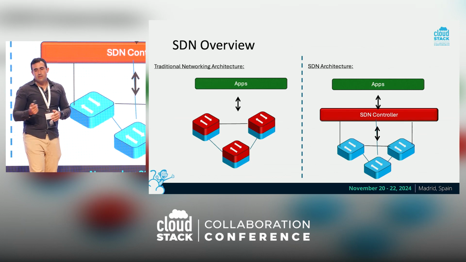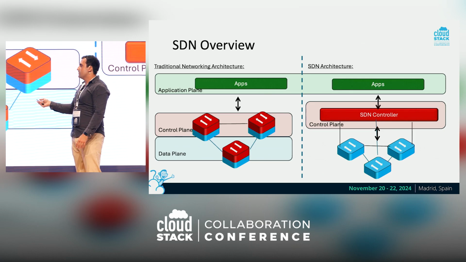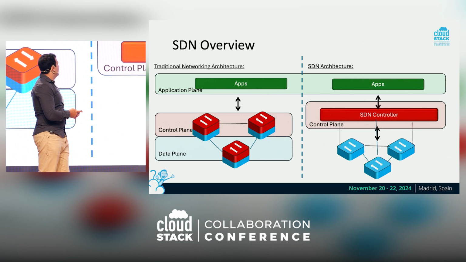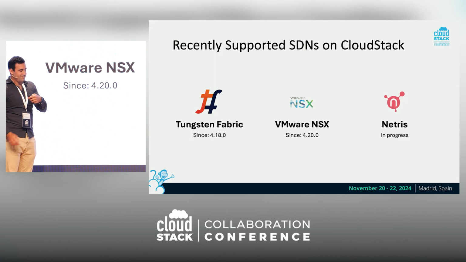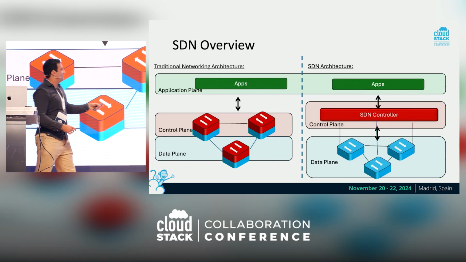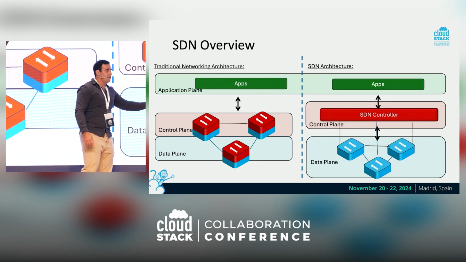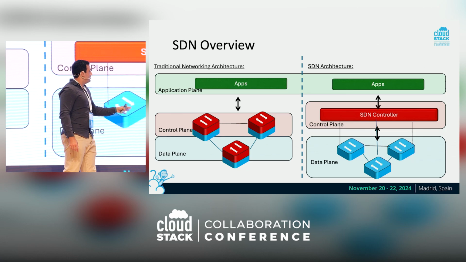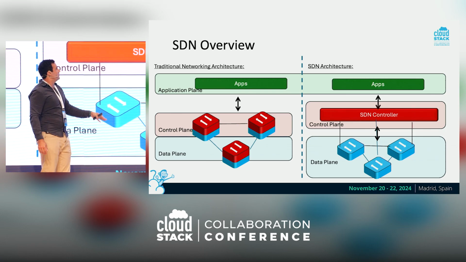So basically, instead of having all the control plane in every single network device, the objective of SDN would be to decouple the control plane and data plane, leaving the network devices, such as routers and switches, only forwarding packets.